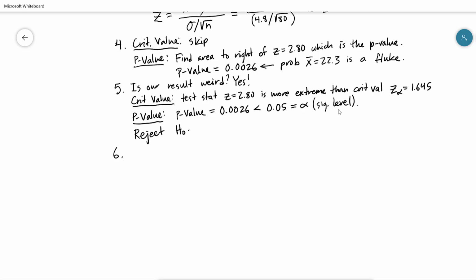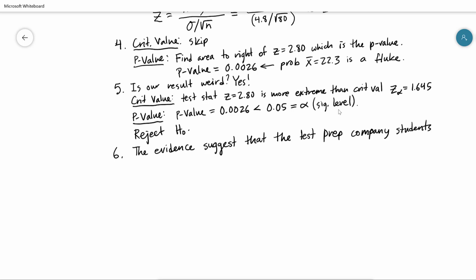With that in mind, because we've rejected the null hypothesis, we say that the evidence strongly suggests that the test prep company students do in fact have higher scores.